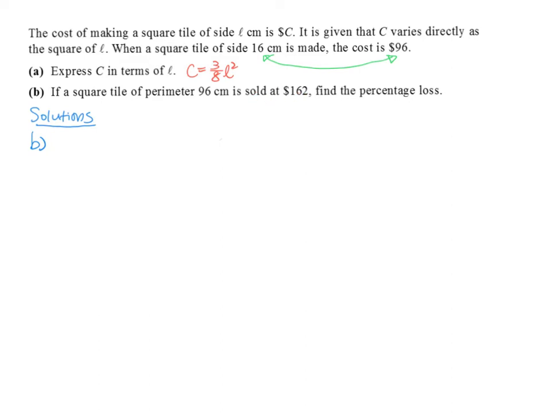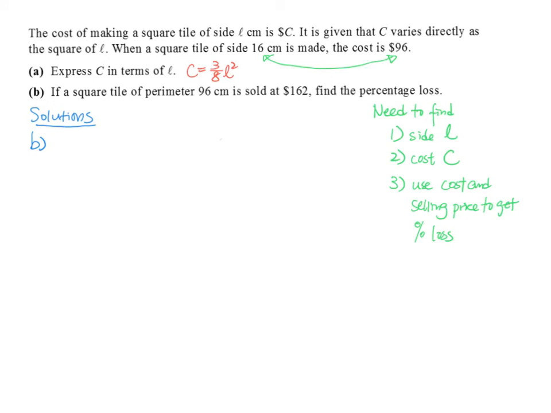It's the selling price. Okay, so they don't match. So what do we do? First step, we find the L to substitute, and using this equation we get the corresponding C. So we have L matches with a C, the cost.